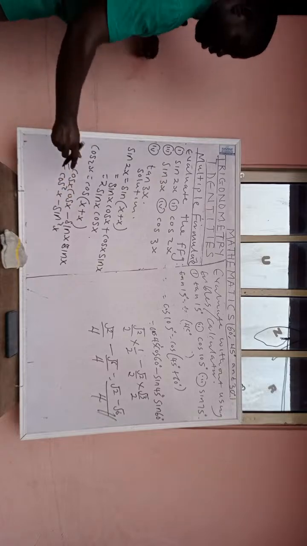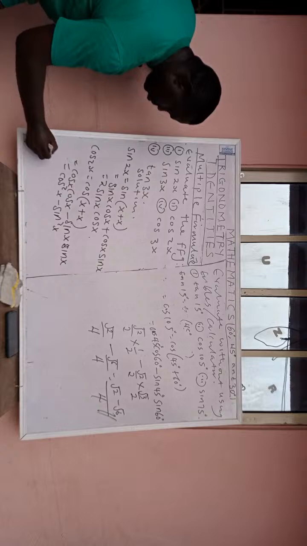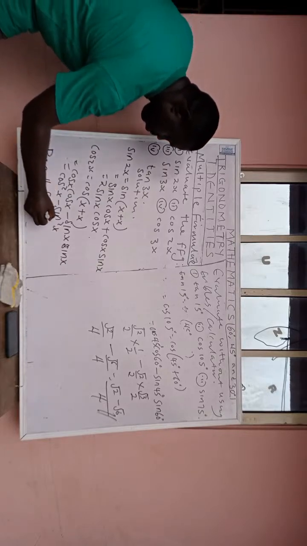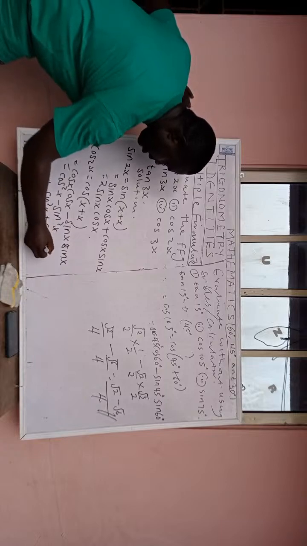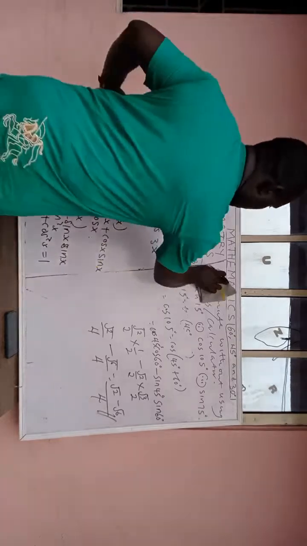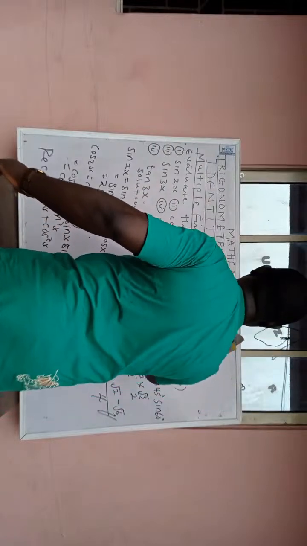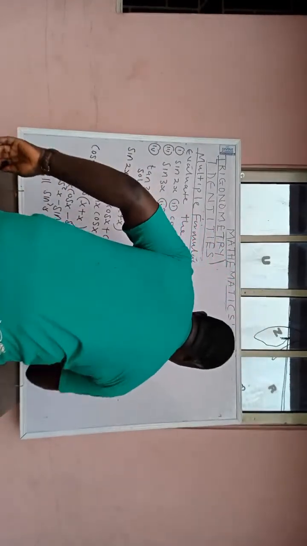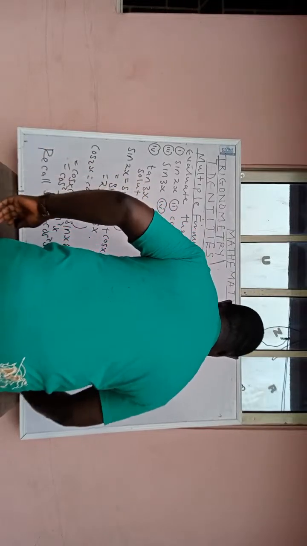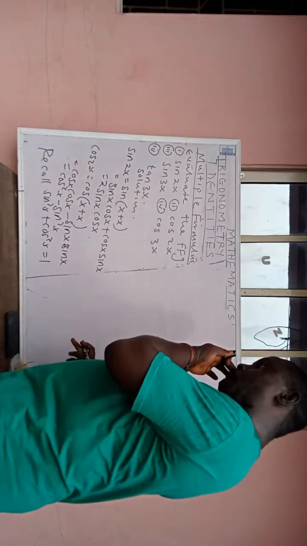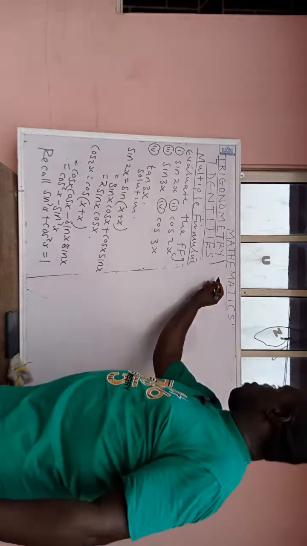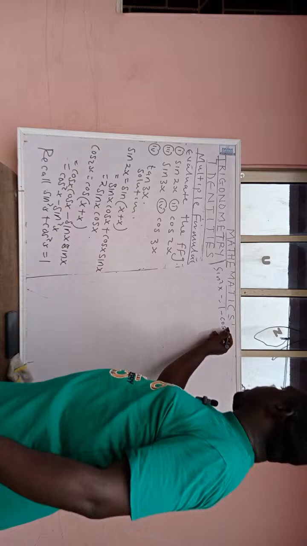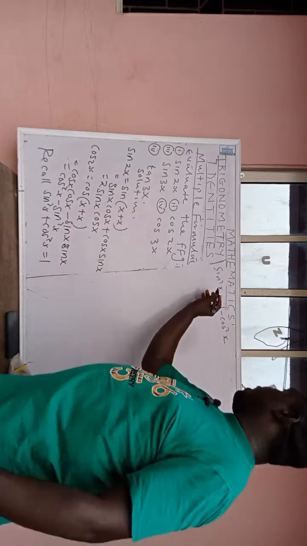So in this case now, you have to recall sine square x plus cos square x is 1. So you have to recall that.